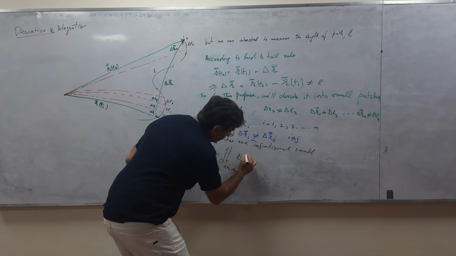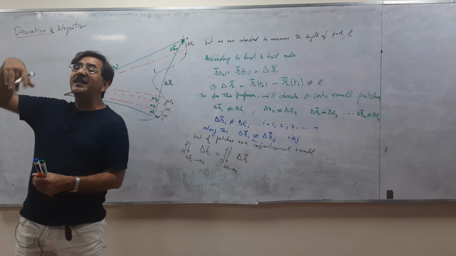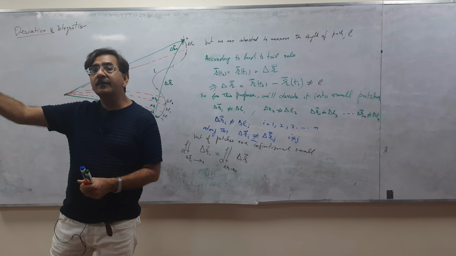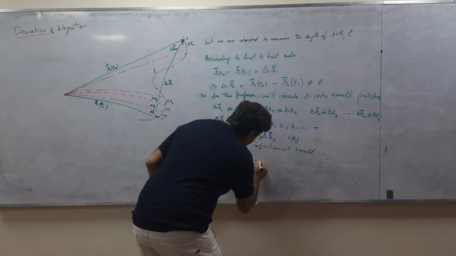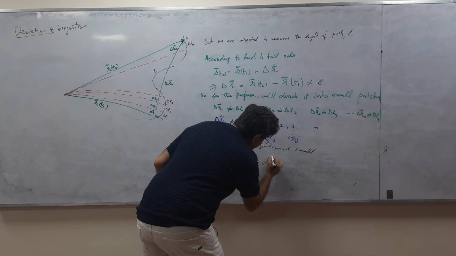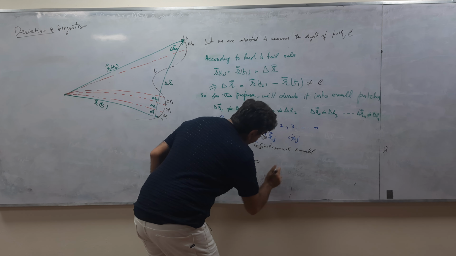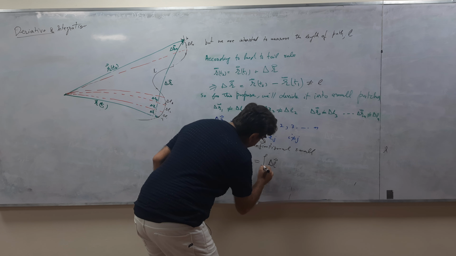Now delta Ri will be replaced with delta R, because they are the same. And this will become dl, because this will be like a delta L vector.